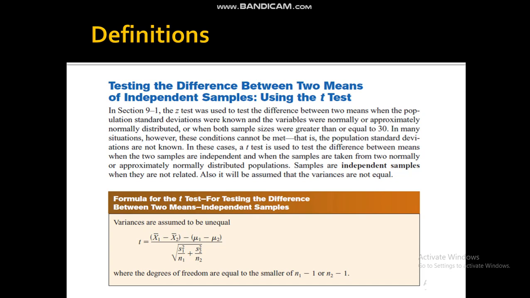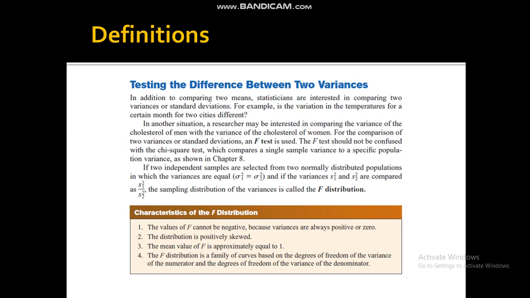So if there's a significant difference using t-test, you can say that one mean is significantly higher than the other, or one mean is significantly lower than the other. And in case a t-test does not give you the significant difference, you can use the f-test to test the difference between variances.